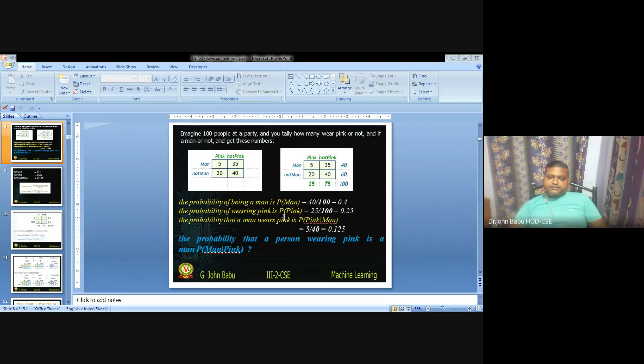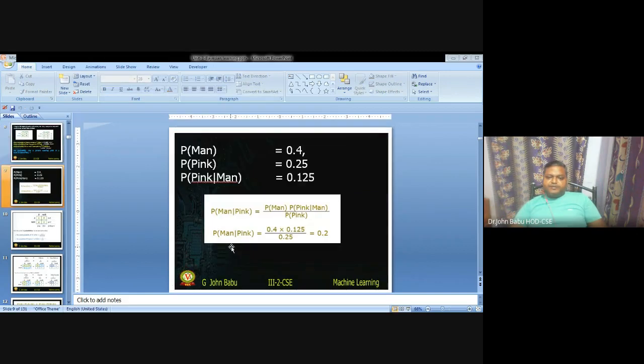Probability that given a man, boys లో పింక్ అనేది 5 by 40, that is 0.125. So what is the probability that given that a man wears a pink, what is the probability, tell me?